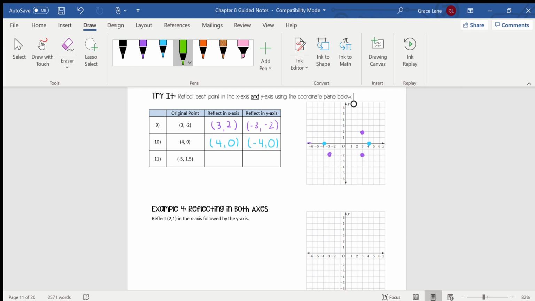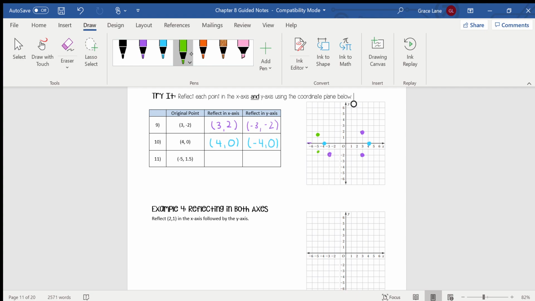The last one, number 11, I'll do in green, -5, 1.5, -5, up 1.5 is between 1 and 2, right here. First, if I reflected over the x-axis, that is the horizontal number line, it would go down into quadrant 3. It would be right here.